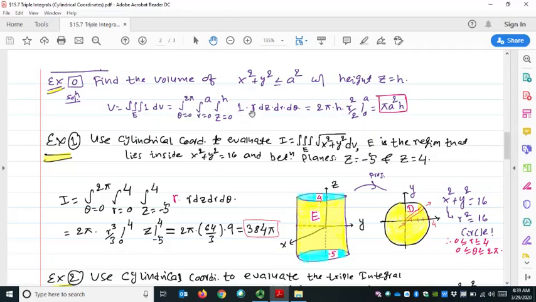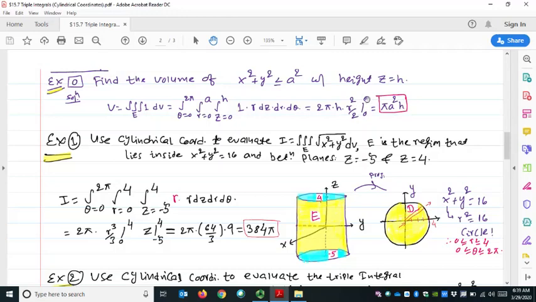Great. So now let's integrate. We can integrate separately. From the theta integral we get 2 pi, from the z integral we get 8, and from the r integral we have r, so r squared over 2, with r from 0 to a.